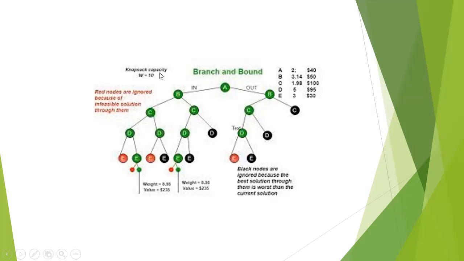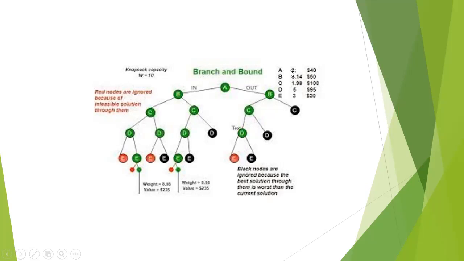It's a knapsack problem, and the weight is 10. We have to carry the 10 kg weight in a bag from the depot to various nodes. The red nodes are ignored because of infeasible solutions, and the branch and bound diagram is given.